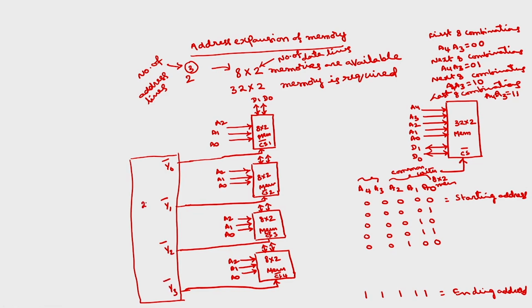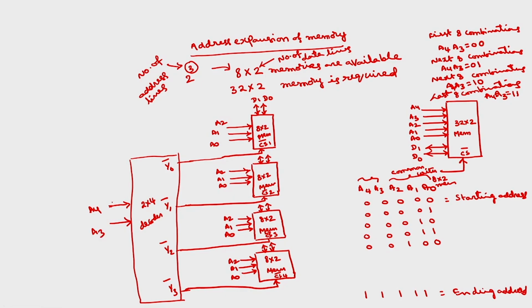This is a 2 by 4 decoder with 2 inputs. I will give the 2 inputs as A4 and A3. Between these two, A4 is MSB and A3 is LSB.